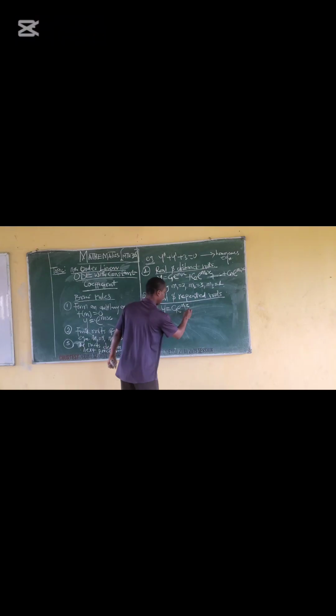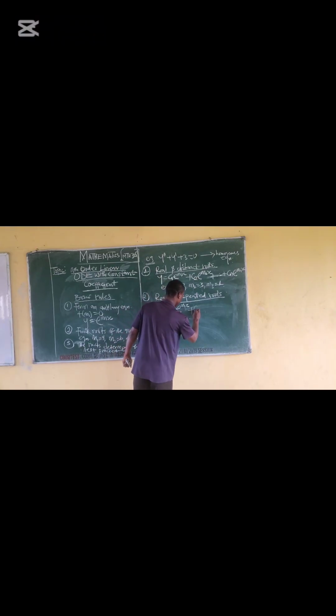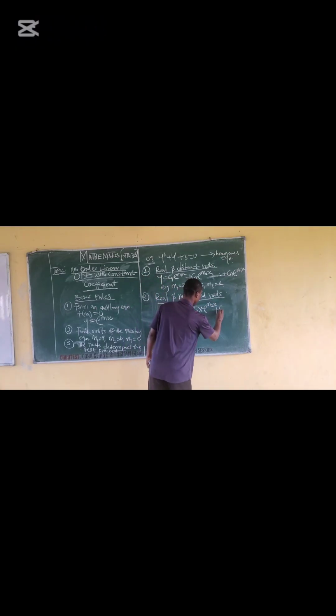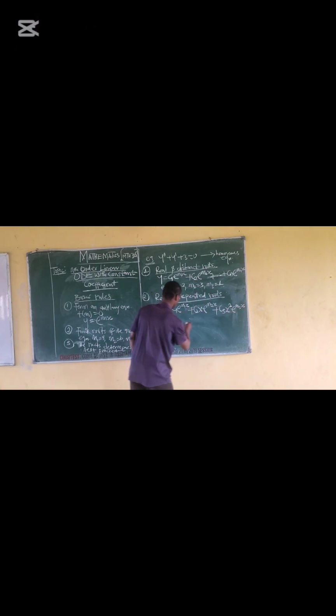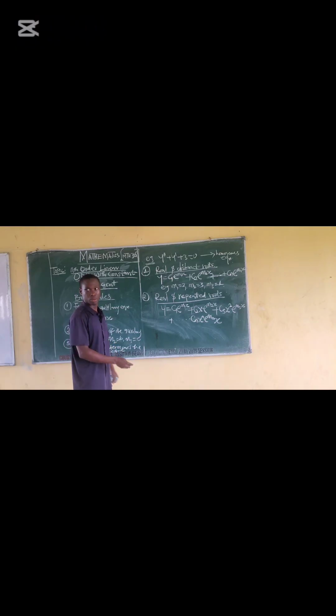The second one will add an x to it, so I'll have c2x exponential m2x, then c3x squared exponential m3x, and it continues in that form to cnx^n exponential mnx.